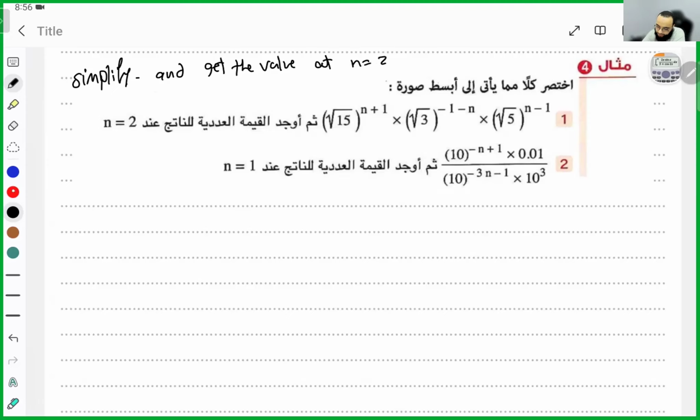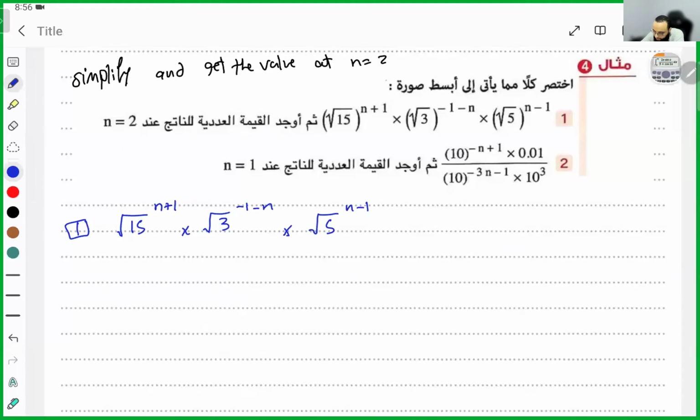Okay, this is the question. Firstly, it's root 15 power of n plus 1 times root 3 power of negative 1 minus n times root 5 power of n minus 1. Take care about that.